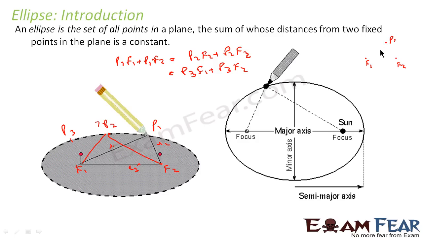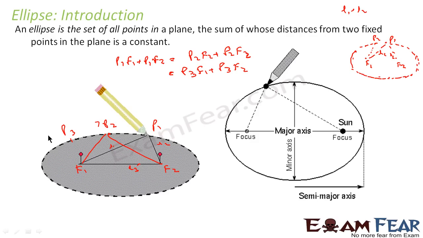The sum of distance between P1 and this plus this, let's suppose this is L1 and this is L2. So this is L1 plus L2. You take any other point here, P2, such that this distance and this distance is also L1 plus L2. Similarly, you keep taking points like this, and if you draw more points, you will get an ellipse.